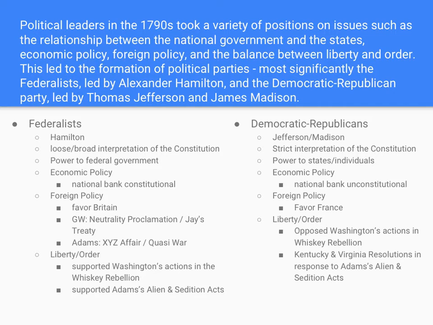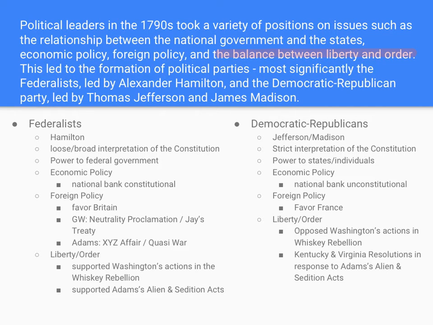The next issue that the two political parties differed on in the 1790s was the balance between liberty and order. This again became a constitutional issue, and we're going to see this same constitutional conflict between liberty and order again and again in times when America's national security is threatened.